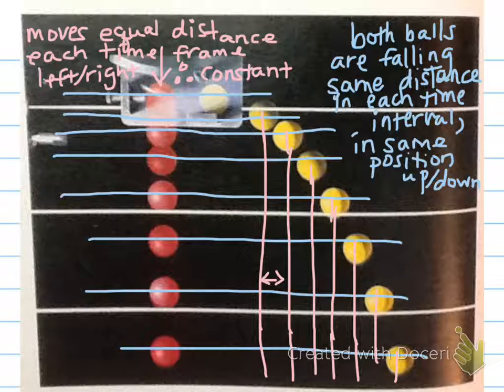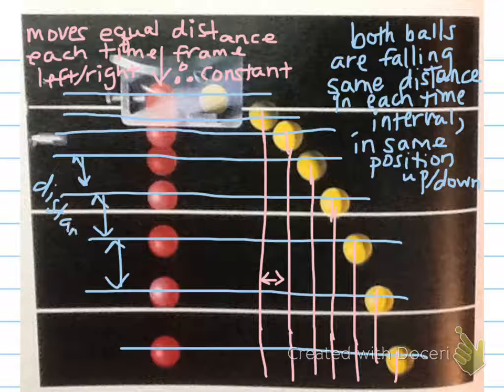Notice in our vertical, this distance doesn't stay the same. It's increasing, which means there's some acceleration here. And we know that acceleration is due to gravity.